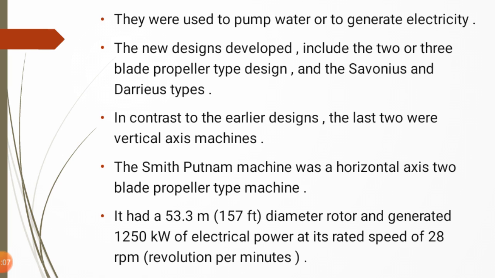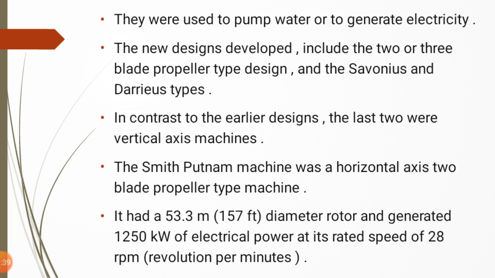As we mentioned before, there are generally two main types of wind turbines or wind machines. First is the vertical axis wind turbine, and second is the horizontal axis wind machine. In the previous sentence we saw the different types: the propeller type design and the Savonius and Darrieus types.